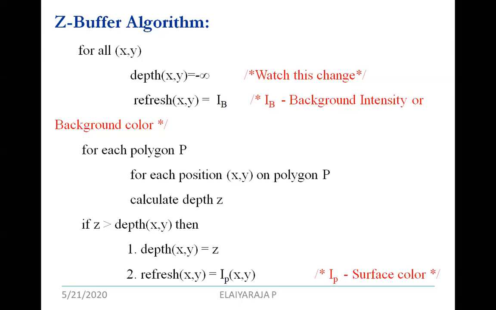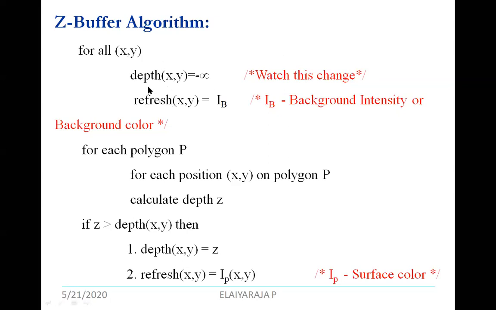Similarly, as we discussed, in the Z-buffer algorithm we are going to consider two different buffers. One is the depth buffer, another one is the refresh buffer. The depth buffer is used to store the Z values, and the refresh buffer is used to store the intensity of the particular pixel.